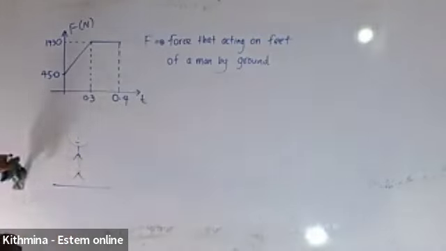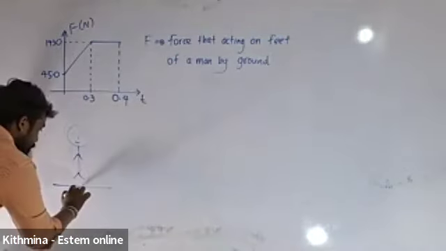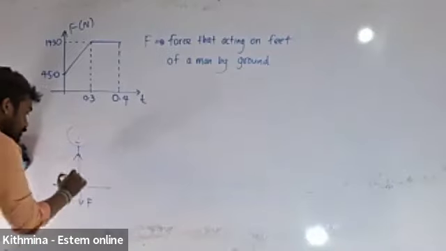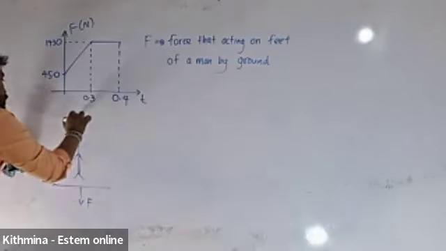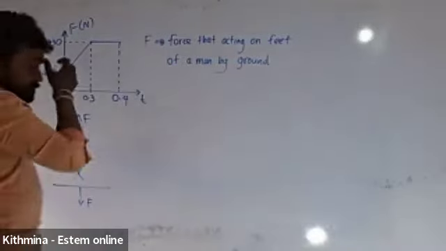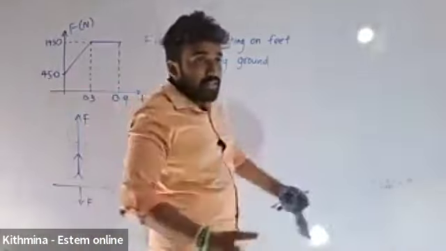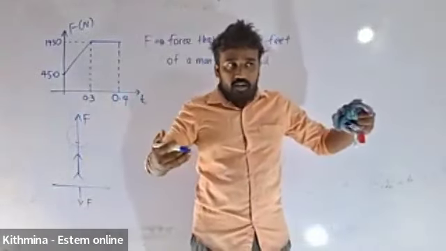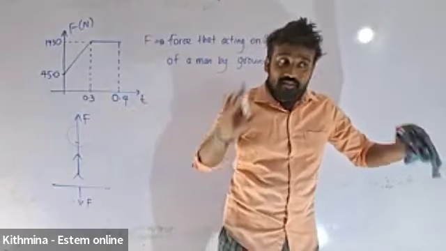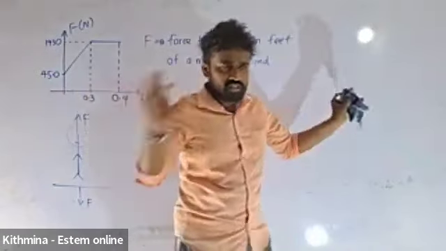This is the ground. When we want to jump, we give a force to the ground and we get the force upward. That is how we jump. I won't explain further because of the question. First do something on this question.